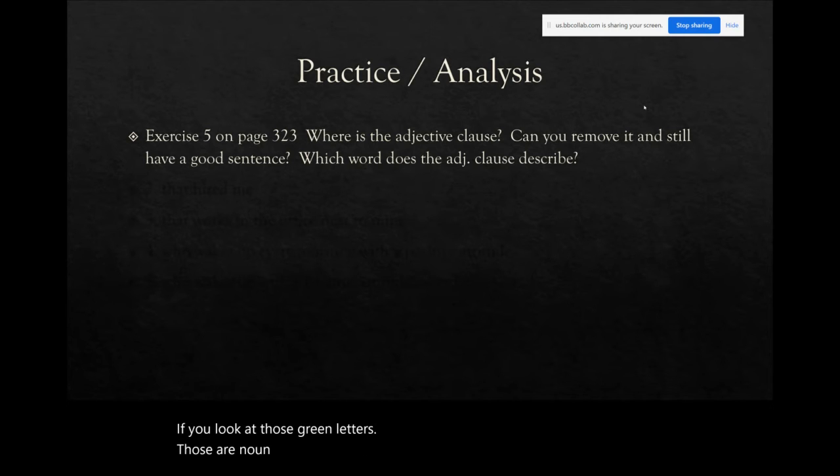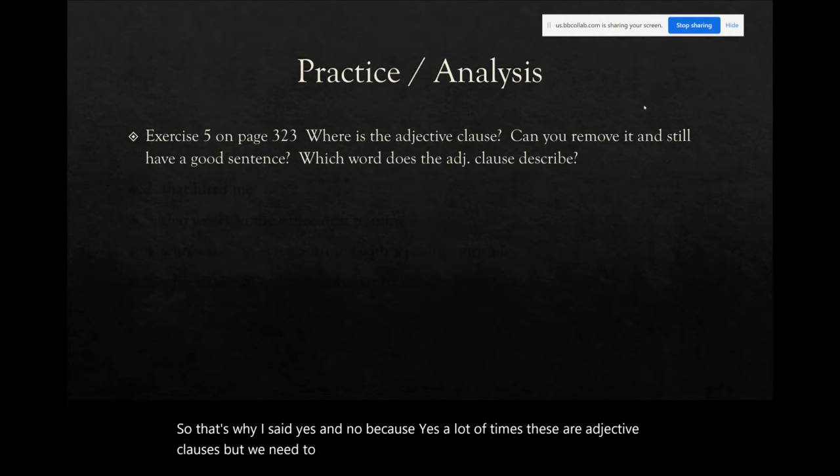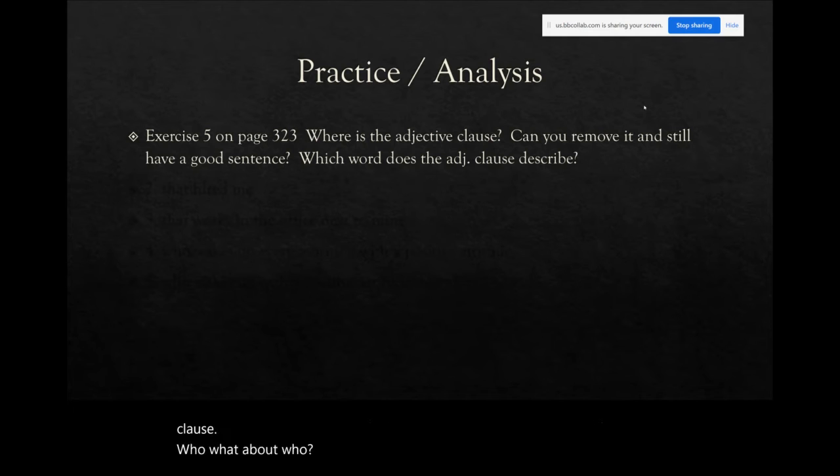That's why I said yes and no, because a lot of times these are adjective clauses, but we need to be careful because the word that can be used in a noun clause. What about who? I don't think who is going to be in any other kind of clause, probably just adjective.